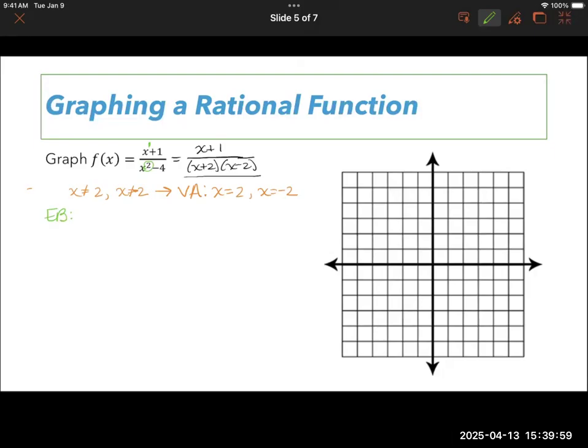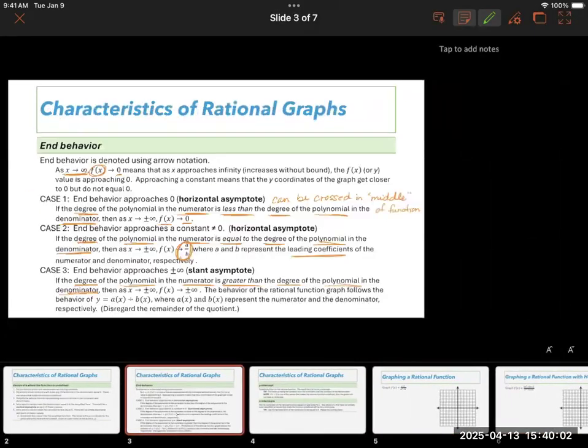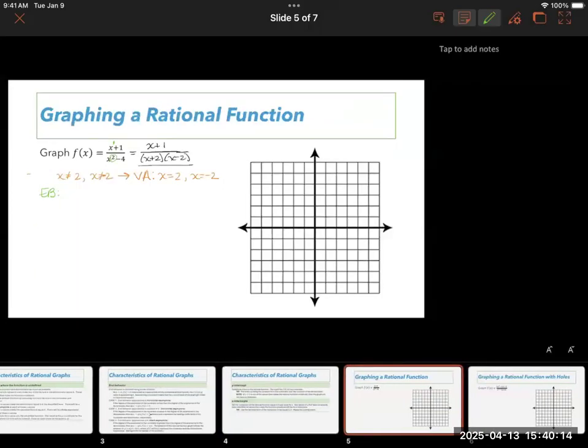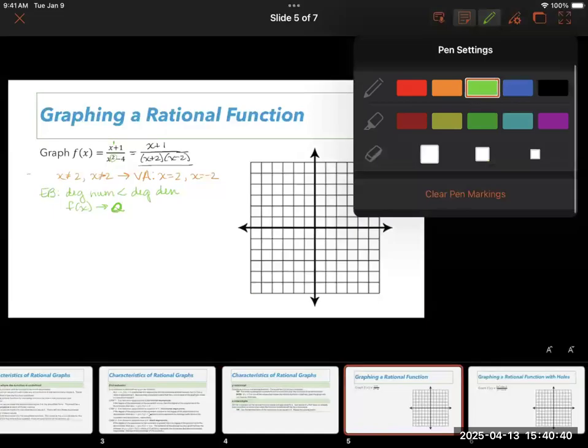That means that when I go back to looking at end behavior, we are looking at case number 1, where the degree of the numerator is less than the degree of the denominator. And that means that my f of x is going to be approaching 0. So that's what end behavior is going to be doing.